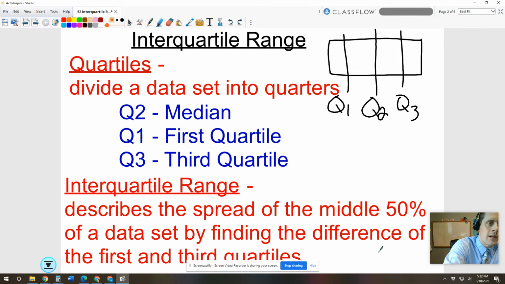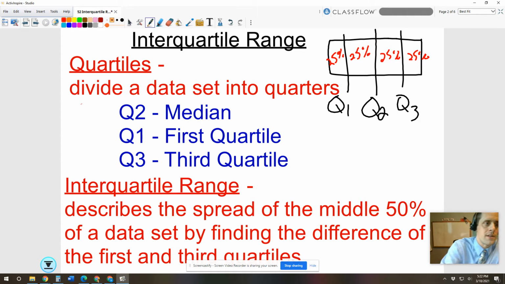Well, if you go back to our candy bar we drew up top, if I cut this candy bar into quarters, I know that each section contains 25% of the data, because each section is a quarter.